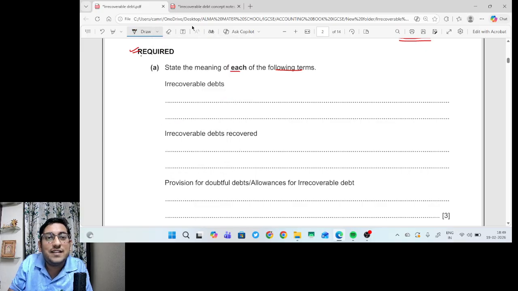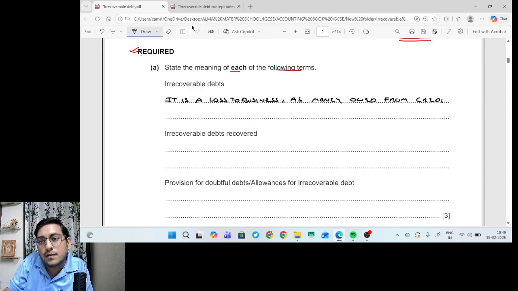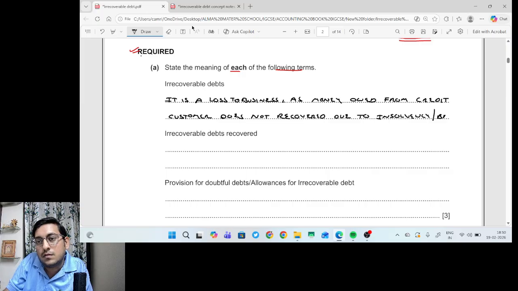Irrecoverable debt is a loss to business, as money owed from a credit customer is not recovered due to insolvency or bankruptcy.